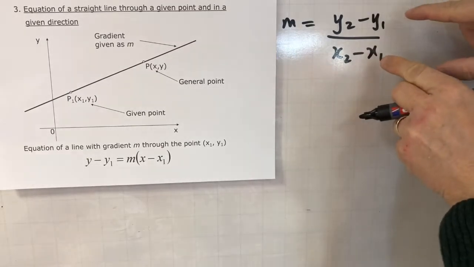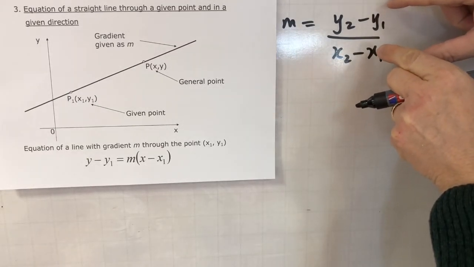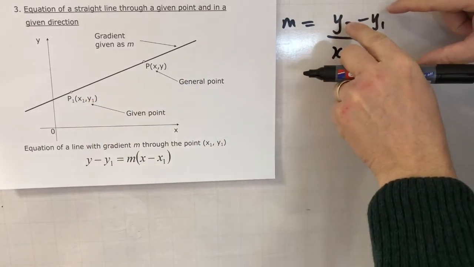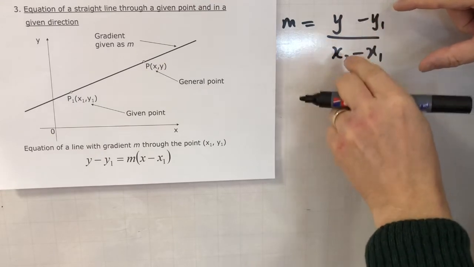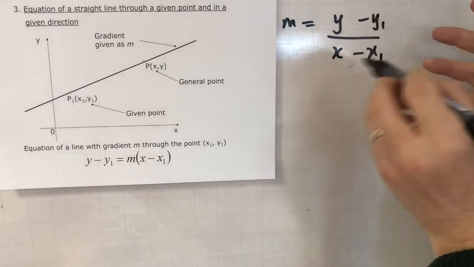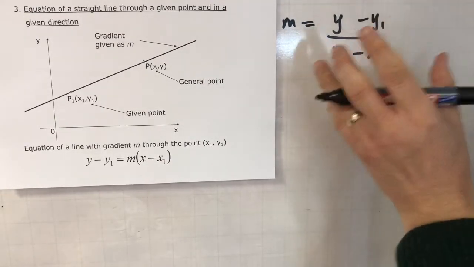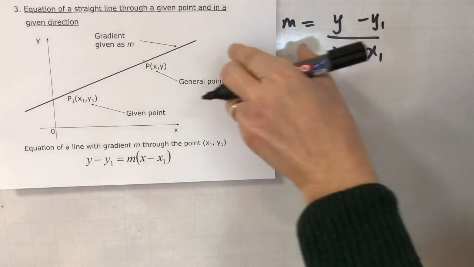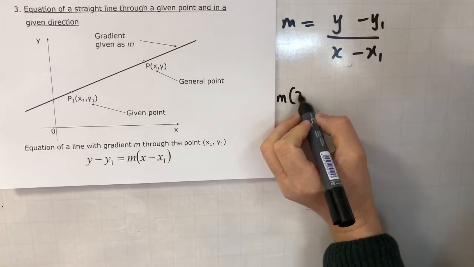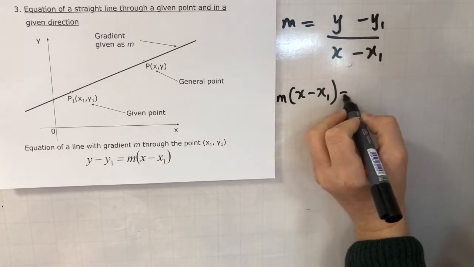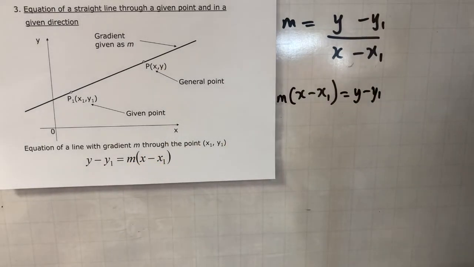Now if I give you one coordinate, x1, y1, and the second one is anywhere up and down that line, then that would be an expression for the gradient. If I take this across the other side, it becomes multiply, so I end up with m lots of x minus x1 is equal to y minus y1, the expression you see there.